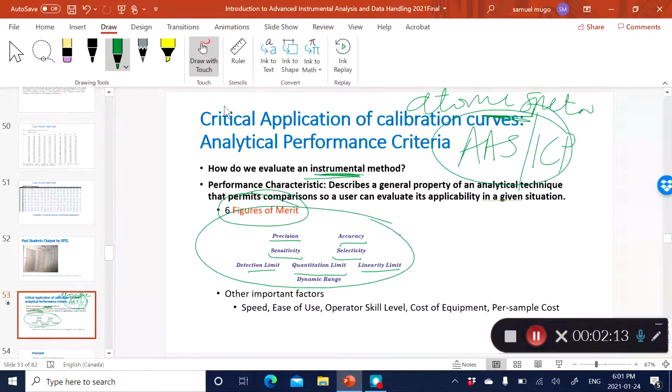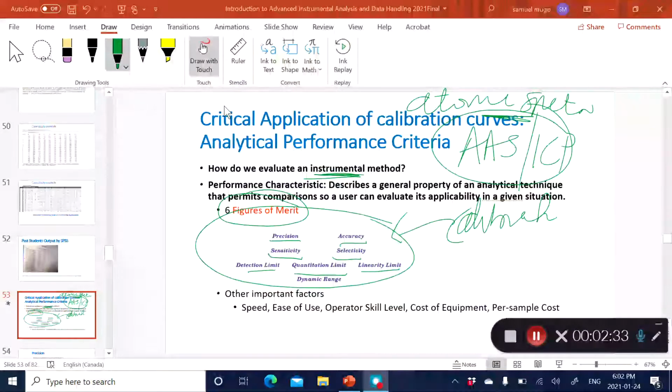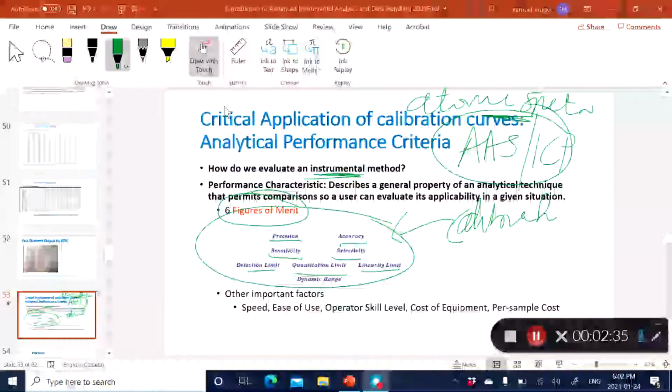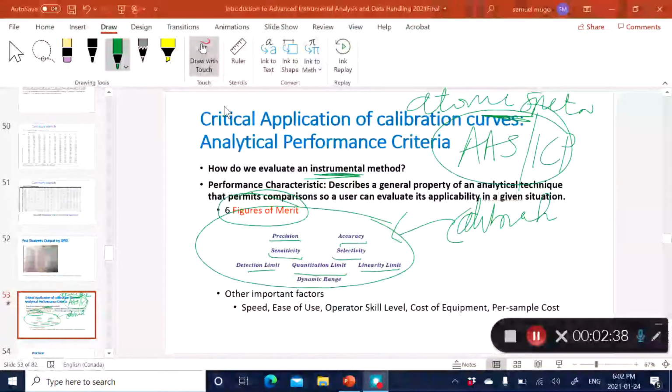And in fact, you're gonna see that they are part of the calibration plots, so you can actually determine them from a calibration plot. So in this lecture, I'd like you guys to know how to actually determine them quantitatively, as well as be able to explain what they are in a qualitative sense.